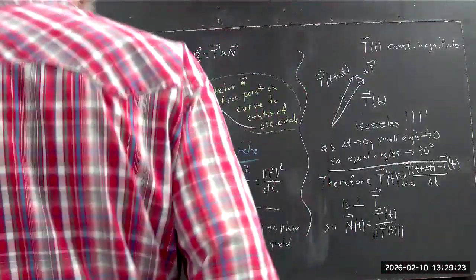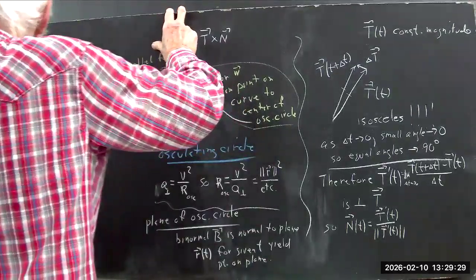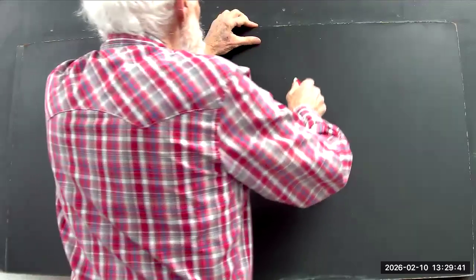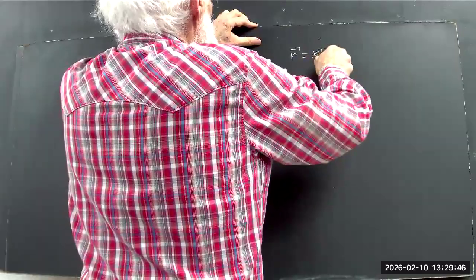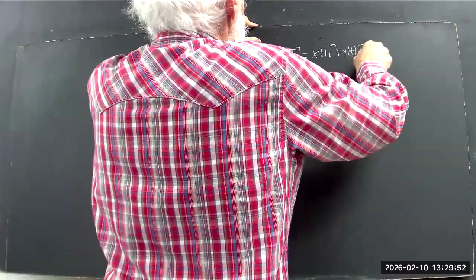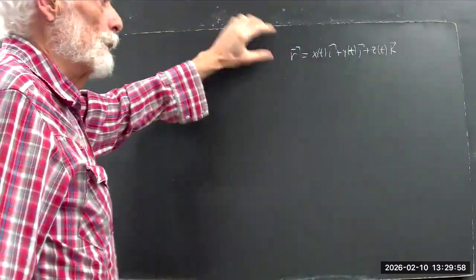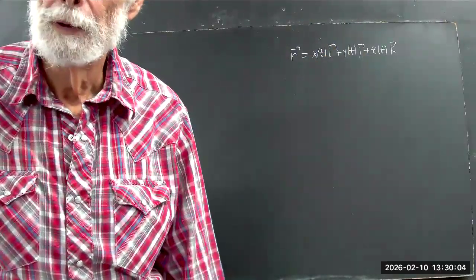Okay, I want to change our focus a little bit and talk about arc length. Okay, say we got an R of t parameterized by x of t, y of t, and z of t.